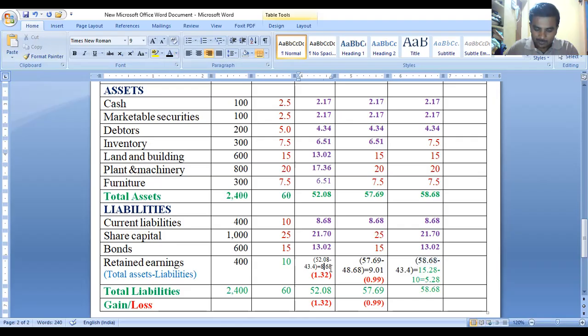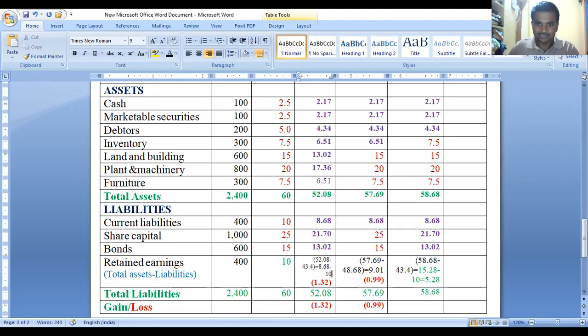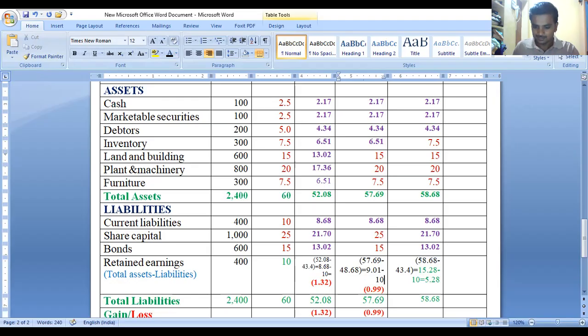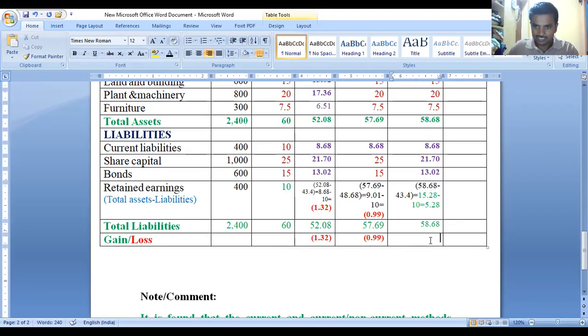Here is 8.68 minus 10. So is equal to how much it comes? So one part that is loss. Share is also minus 10. We would get here the loss. Share is how much is there? 5.28 is the positive there.